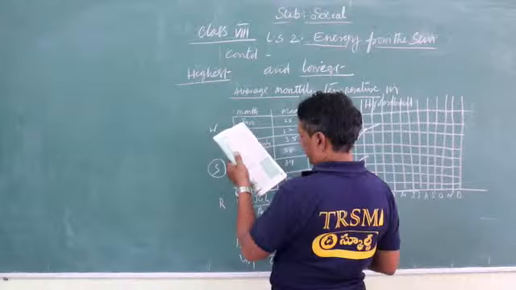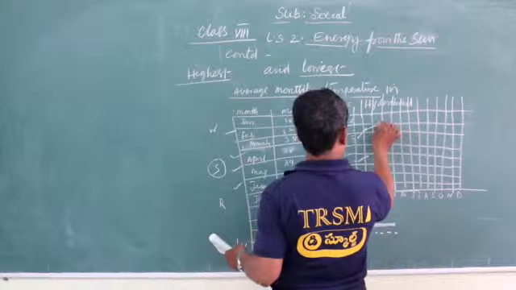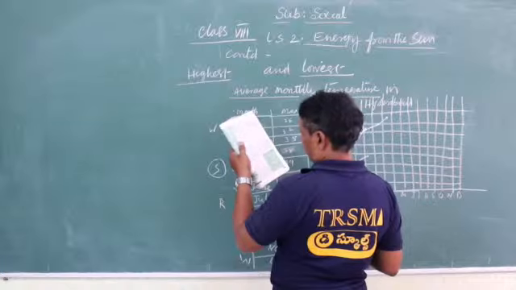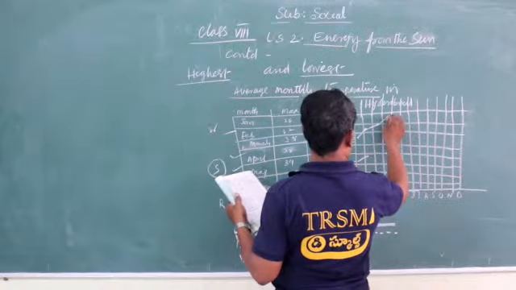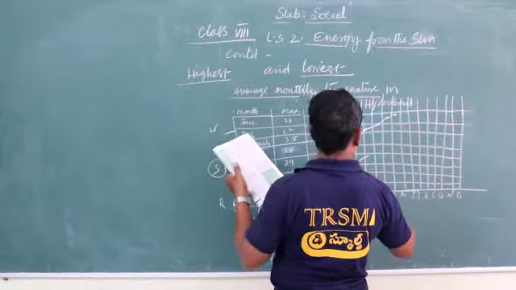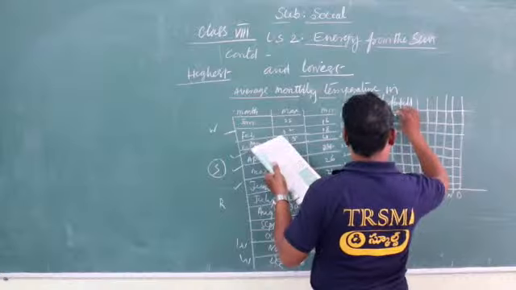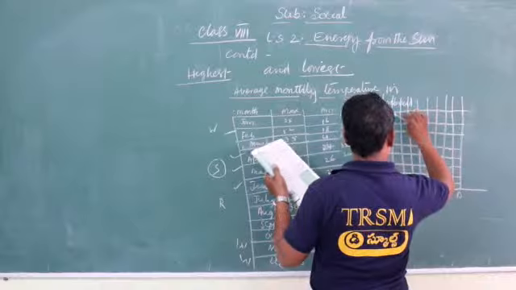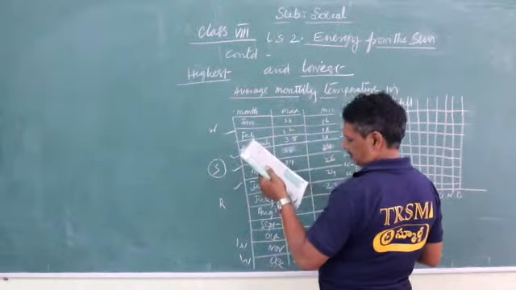Right. Next April 38. 1, 2, 3, 38. And next 39 in May. And then 34, 34. Right?